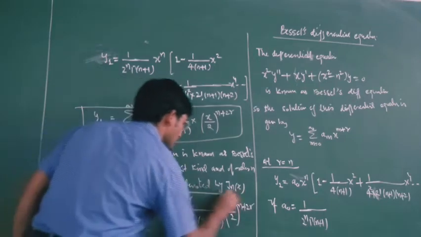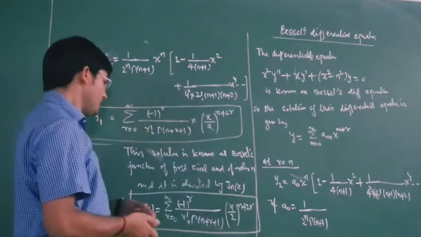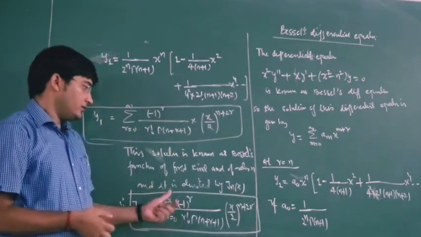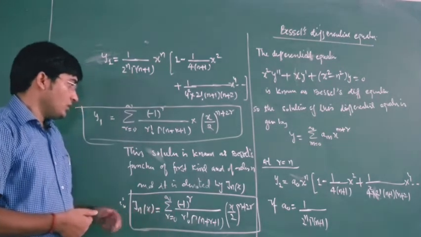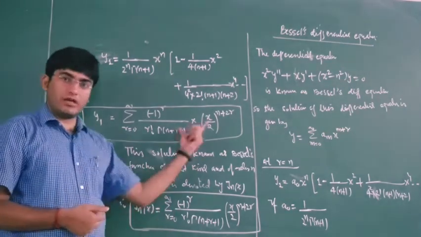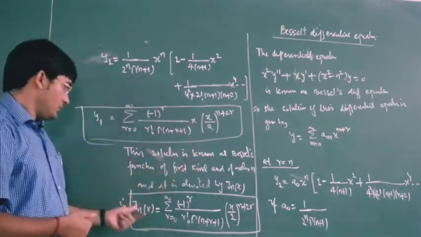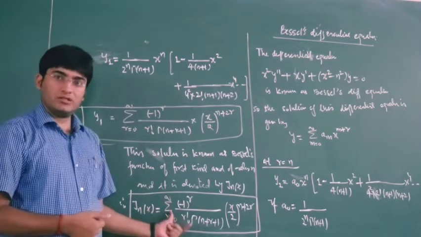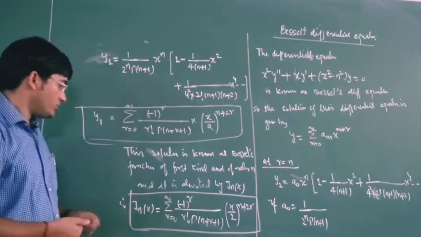So this is your Bessel function of first kind, and it is of order n.